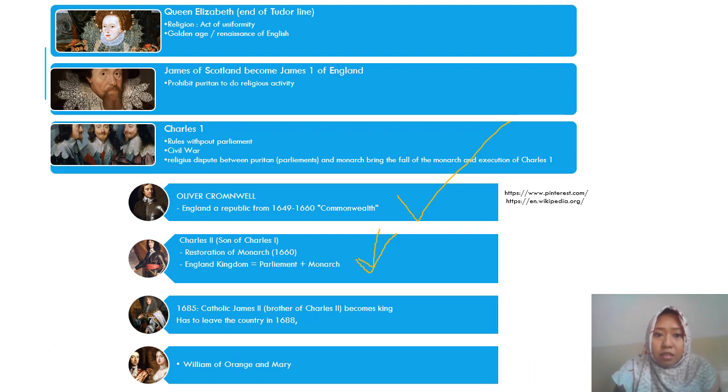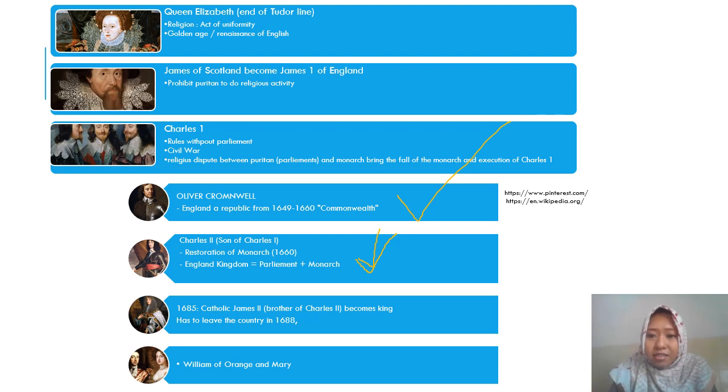Some of the Puritans disagreed with these occasions. However, the monarch came again to England, and it is called the Restoration.